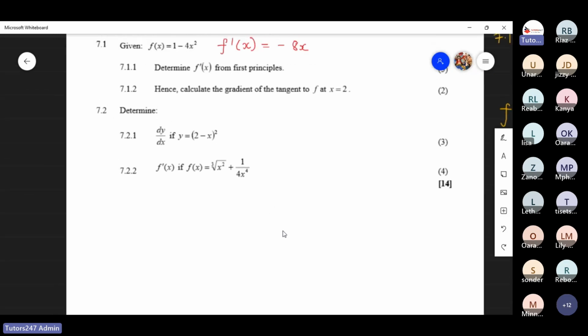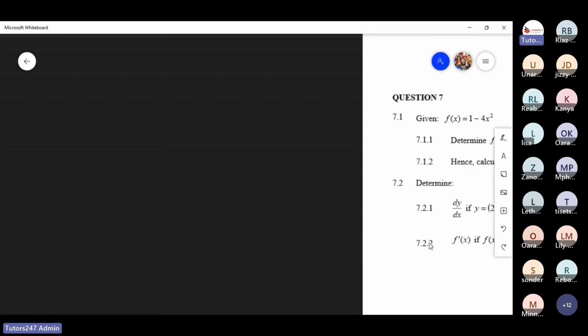So it's basically something similar to what we've previously done. Your first question of calculus is always just differential calculus, so just derive. They'll give you different notations or different methods that you can use, but it's basically the exact same thing, to just derive. So let us now derive y equals (2 minus x) all squared.